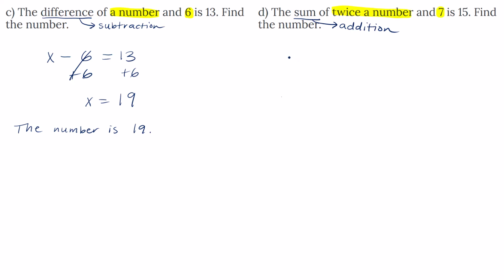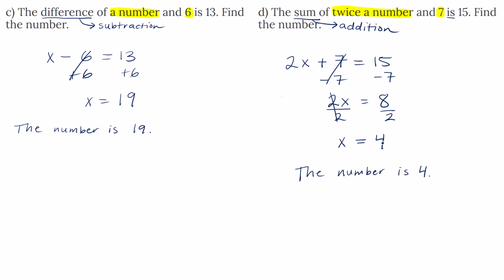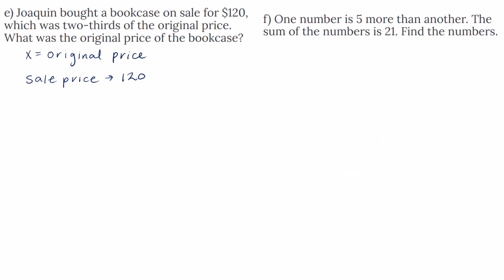So we would write this as twice, let's use X for the number, 2 times X added to 7 is equal to 15. And now that we have that equation, we can solve it. So 2x is 8, and it looks like x is going to be equal to 4. So there you see the number is 4.